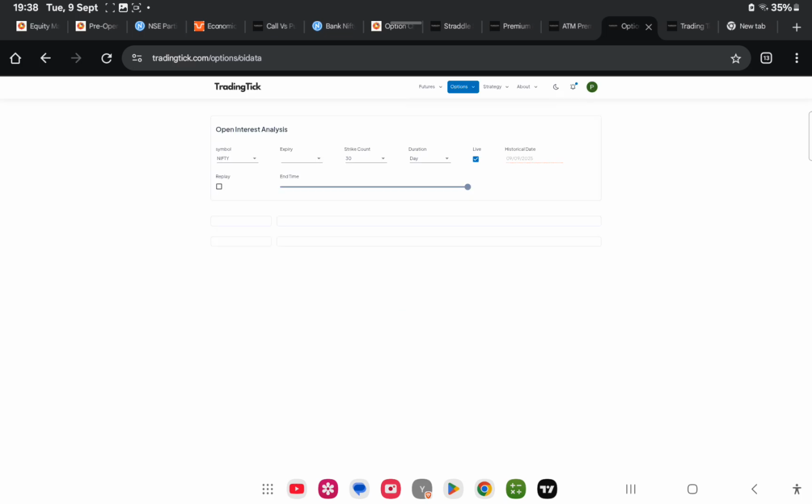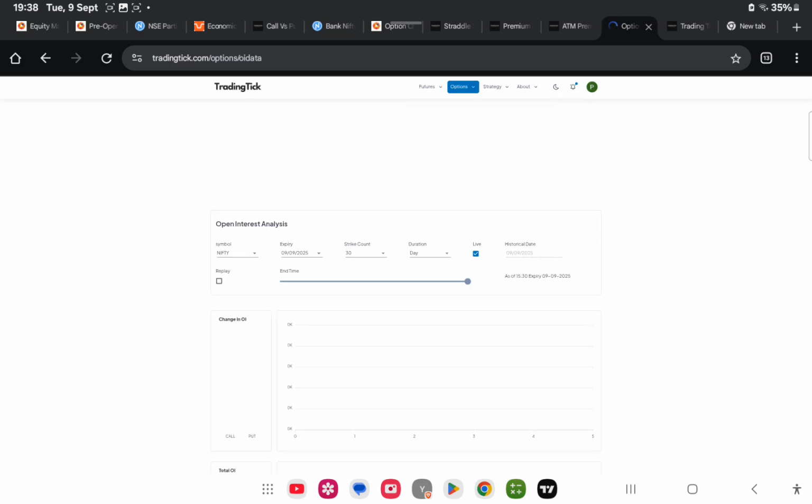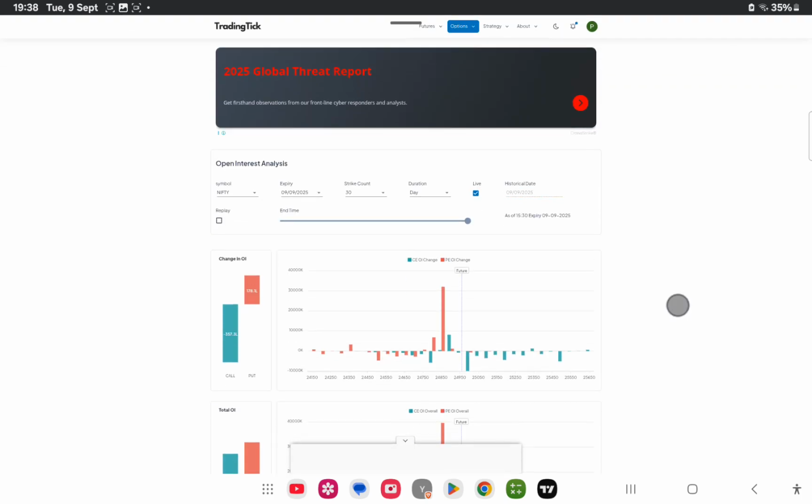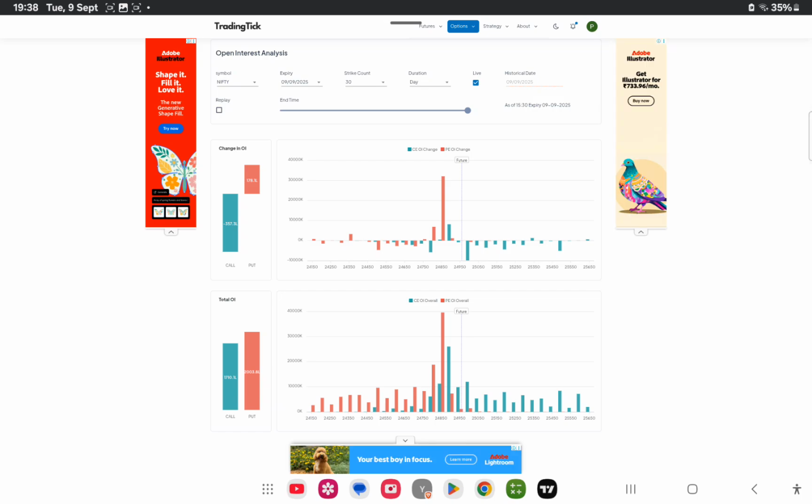You can take as many legs as you want, but here I'm going to purely concentrate on long straddle and short straddle, because that is a very popular strategy all the sellers will be using. On the Nifty Trader website we are going to check the OI analysis for today as well as total.